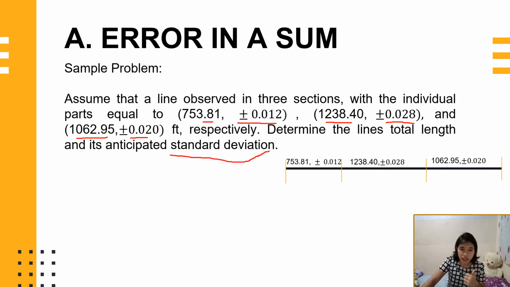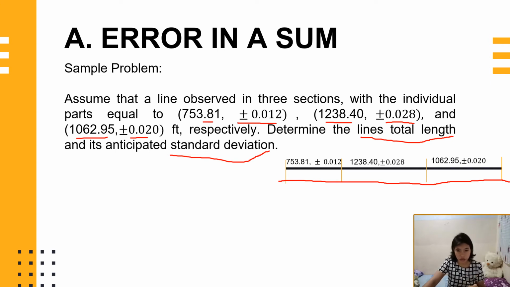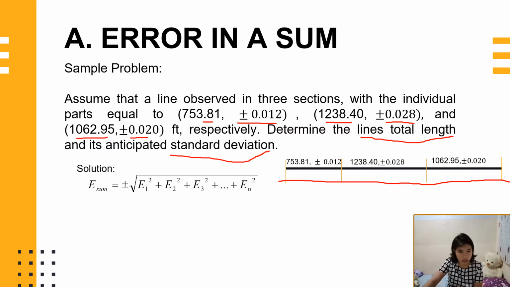When we say line's total length, yung sum ng whole length of the line that is being measured. So which is a sum. So we are going to use the formula error in the sum. So the solution, we're going to use this formula. And we take the sum. This is the error for the first section, error for the second section, and the error of the third section.